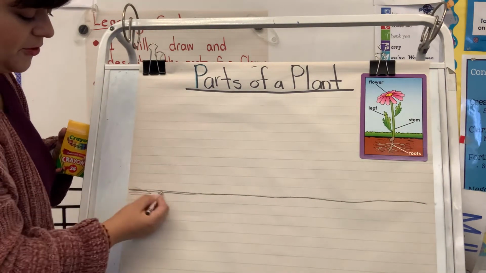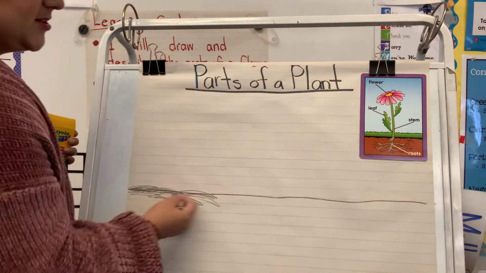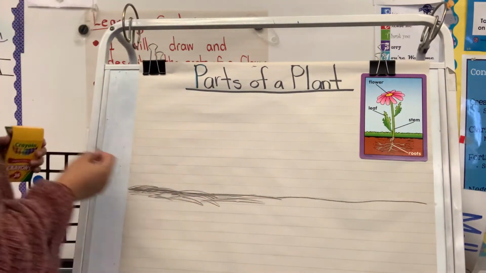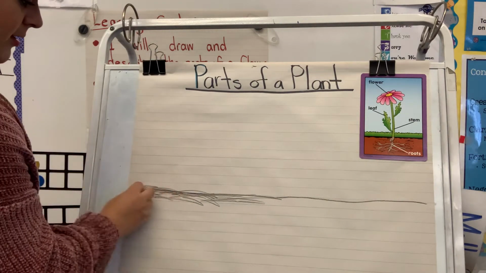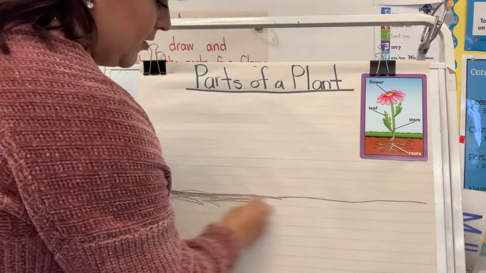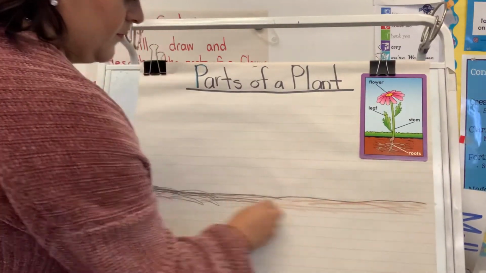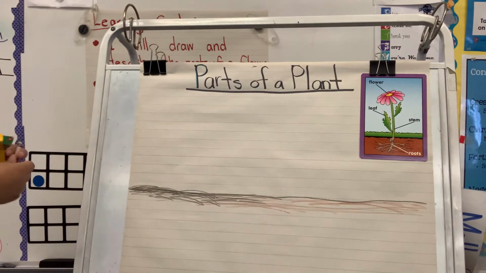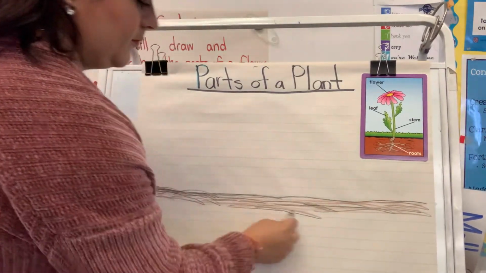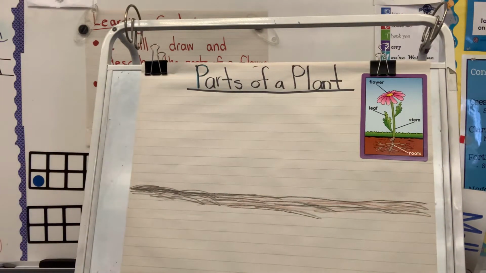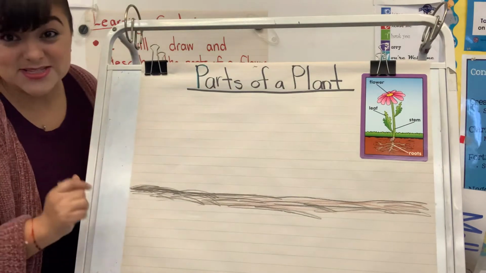Now the soil has some rocks in it. It's just the dirt, la tierra. So you can put a little bit of black, a little bit of brown for the soil. Okay, now we're gonna start drawing the parts of a plant, or parts of this flower.